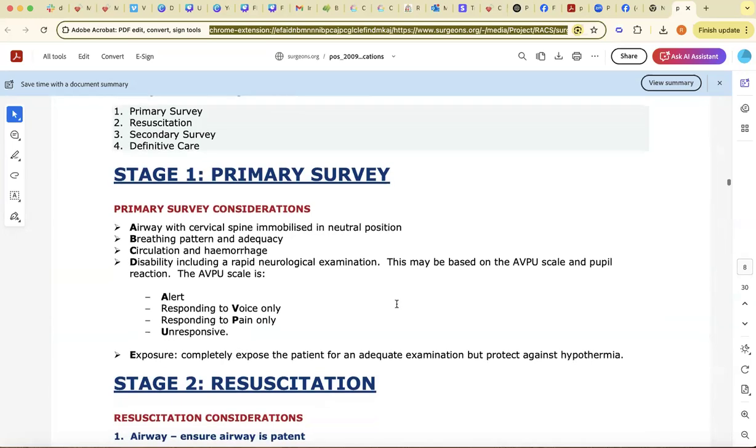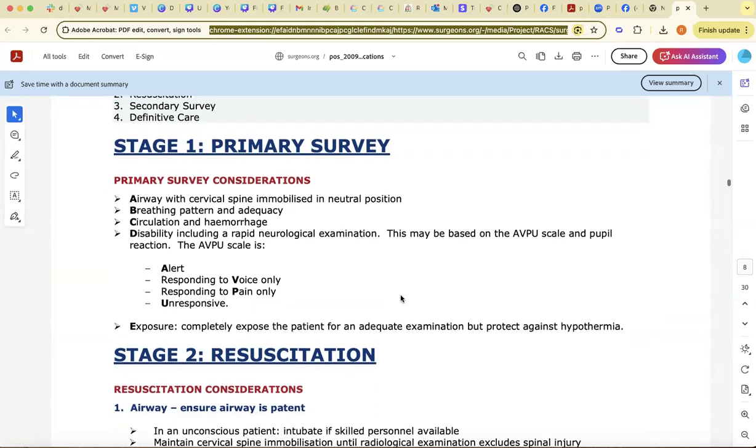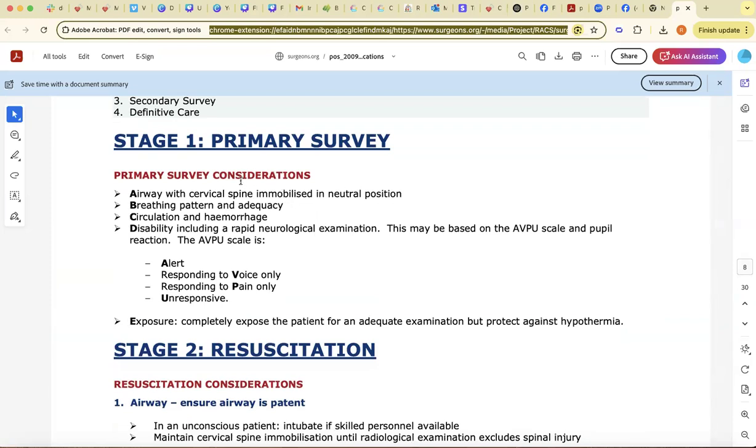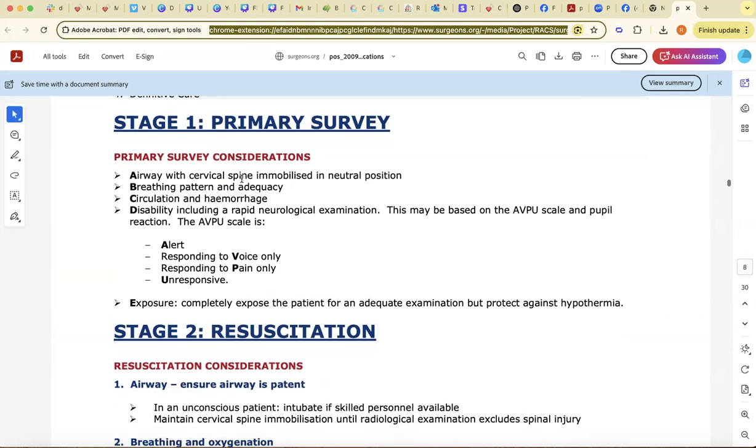So anyone who comes to us with a head injury, especially if it is an unconscious patient like this, the first step is to do a primary survey. The primary survey includes checking if the airway is intact, if the breathing is normal, so if the patient is having equal breathing, check the oxygen saturation. How is the circulation? Check the blood pressure, pulse. Check for any disability.